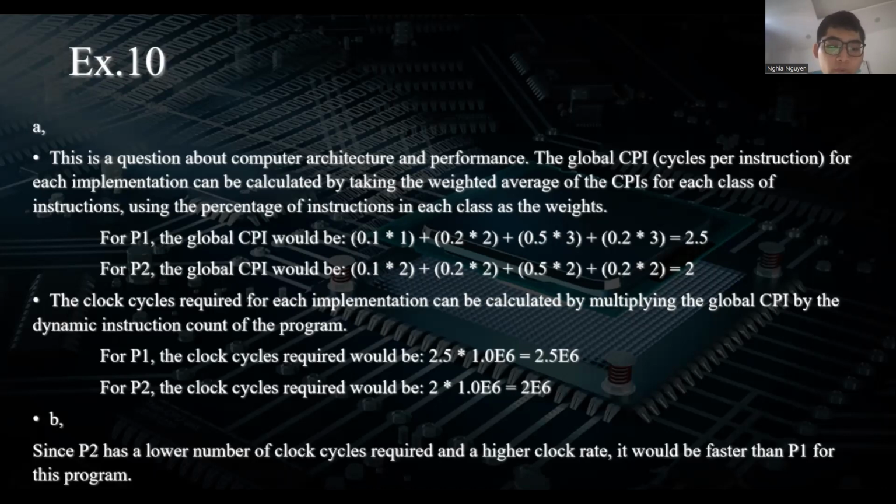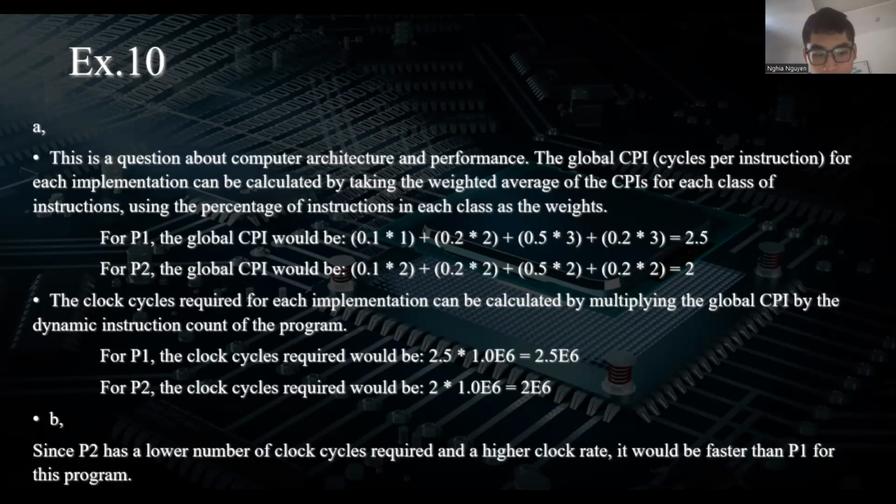For P2, the global CPI will be 0.1 multiplied by 2, plus 0.2 multiplied by 2, plus 0.5 multiplied by 2, plus 0.2 multiplied by 2, which is the same, 2.